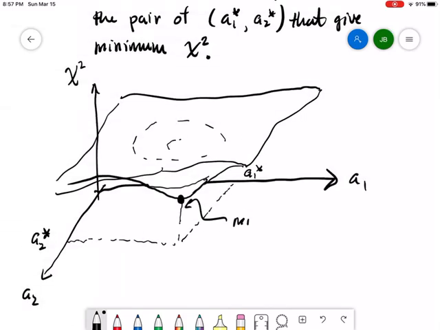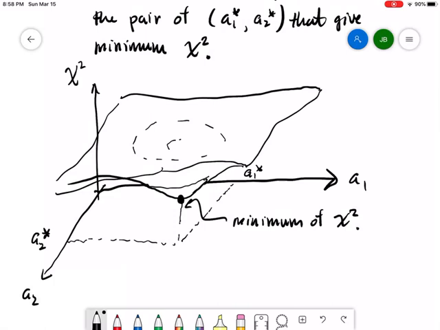So minimum of chi-squared. And then of course if you really want to find that minimum, what you need is very finely spaced calculations of chi-squared. So that's what we were talking about with the small delta A1 and delta A2 values.